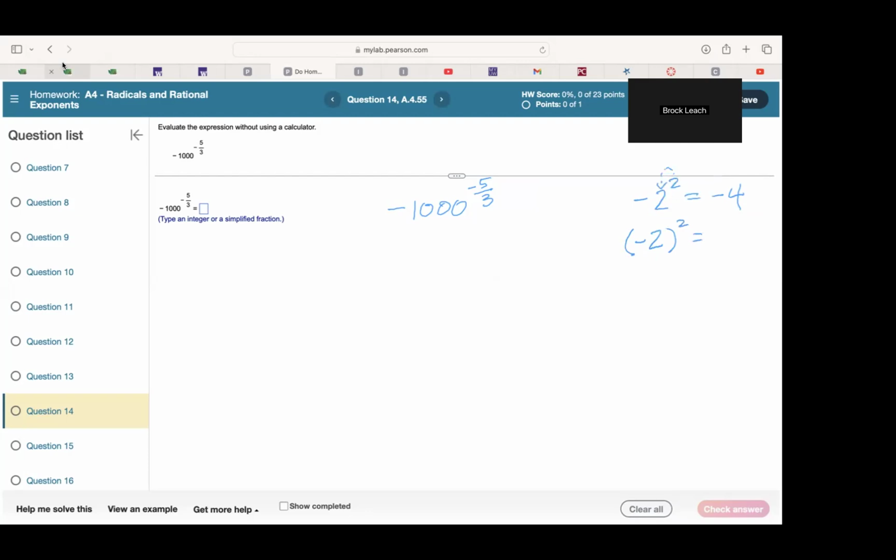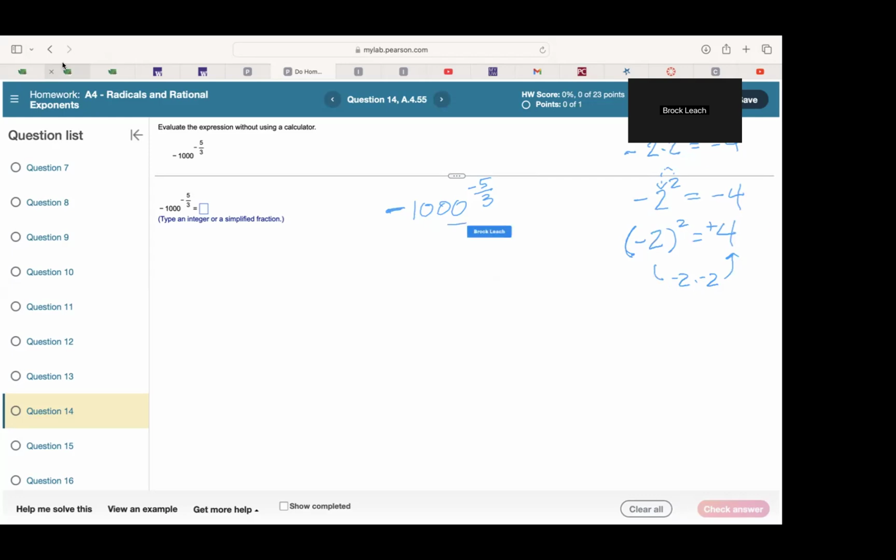Exponents only are exponentiating whatever is directly in front of it. We're only raising the 2 to the second power. In fact, you could read this as the opposite of 2 squared, or the negative of 2 times itself, which is negative 4. So the negative's kind of hanging out, it's unaffected. If we want to square negative 2 and actually do negative 2 times negative 2, we've got to put it in parentheses, and then we correctly get positive 4. So this negative is going to stick around with us.